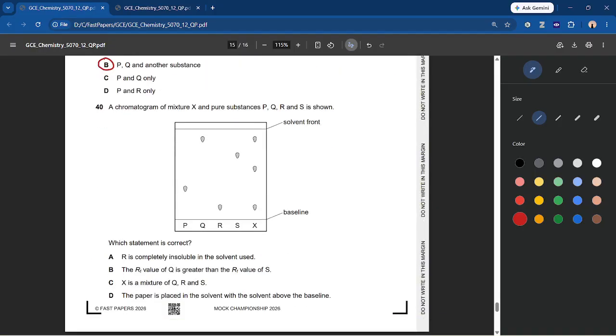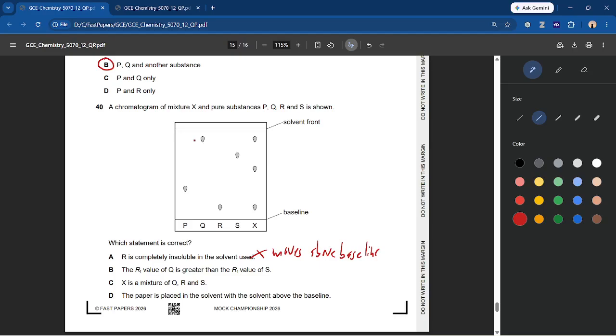And the last one, a chromatogram of a mixture X and pure substances P, Q, R, and S is shown. Which statement is correct? R is completely insoluble in the solvent used. That's not correct because it moves above the baseline. The Rf value of Q is greater than the Rf value of S. Let's take a look.